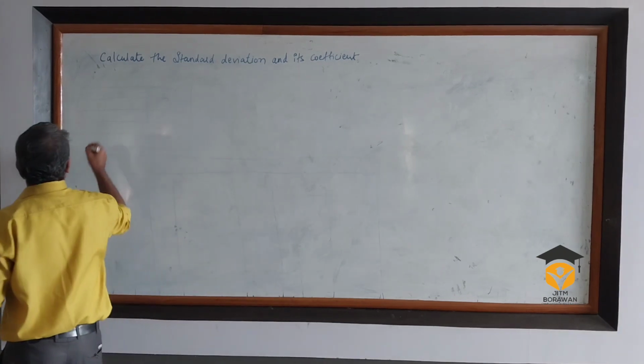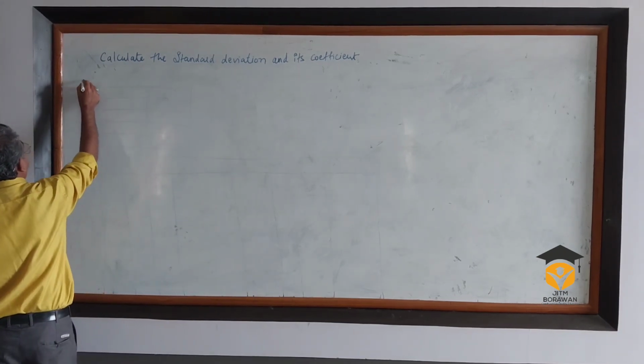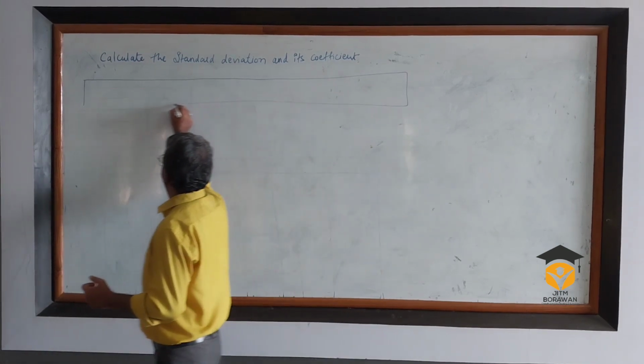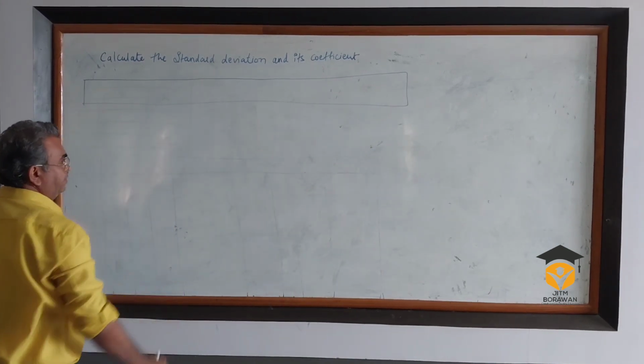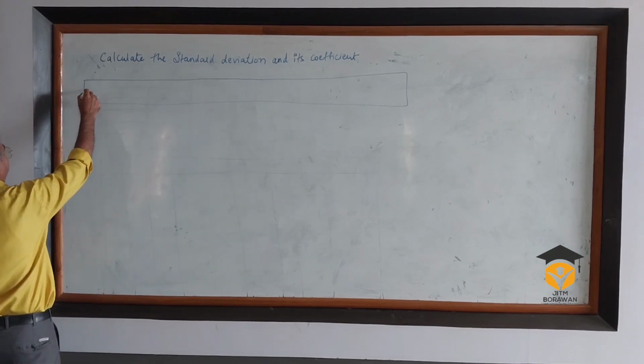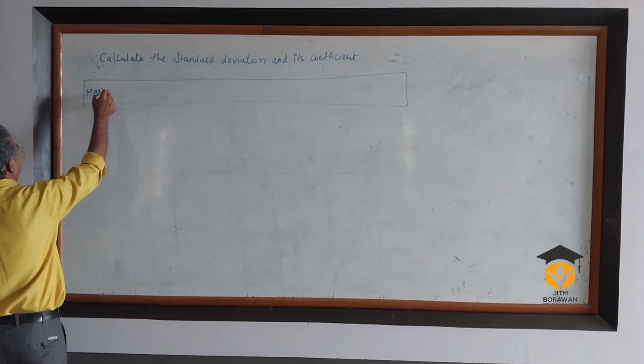Now this is the data which has been given to you. I am putting this data in a row type table, and the variable given to you is marks.